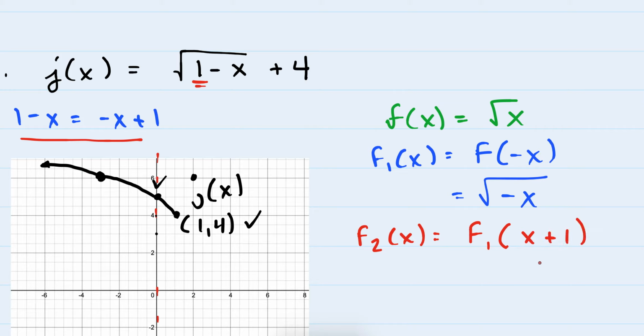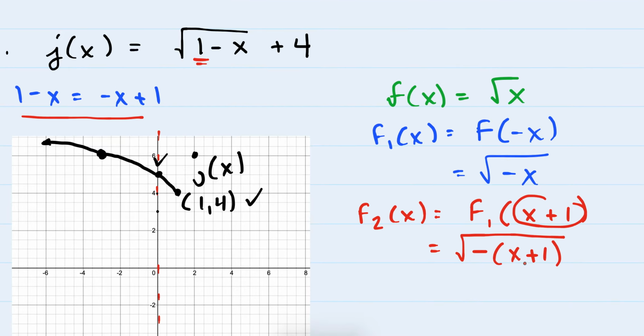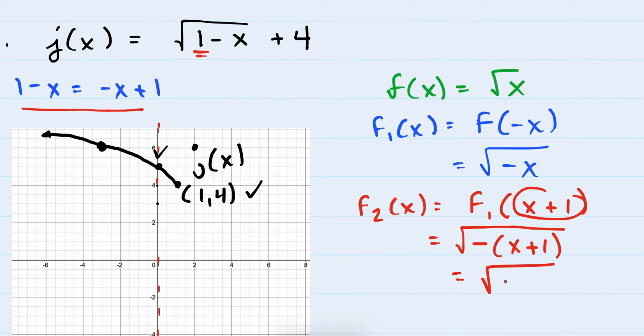You're going to get the wrong graph. And that's because, let's see what happens when we plug in x plus 1 into here. Because this is f1 of x, wherever we see an x, we plug in x plus 1, and we'll get the square root of negative x minus 1, which is not what we want.